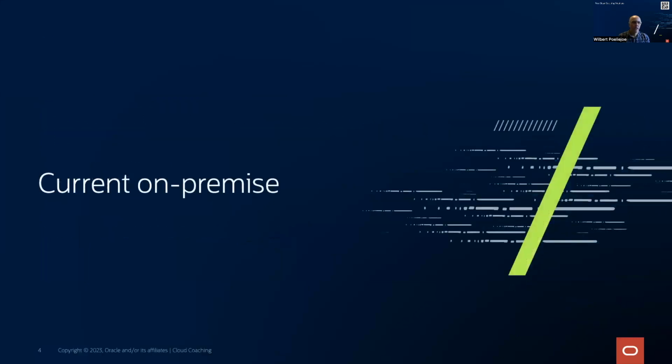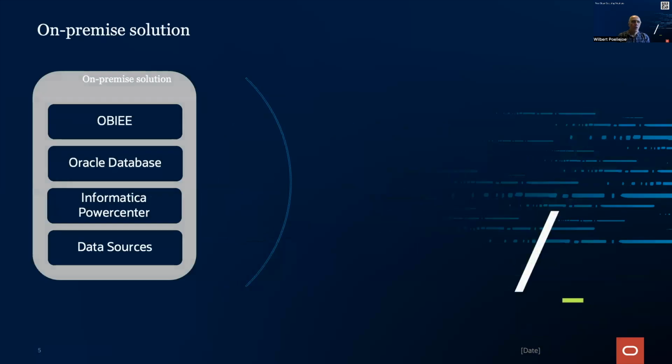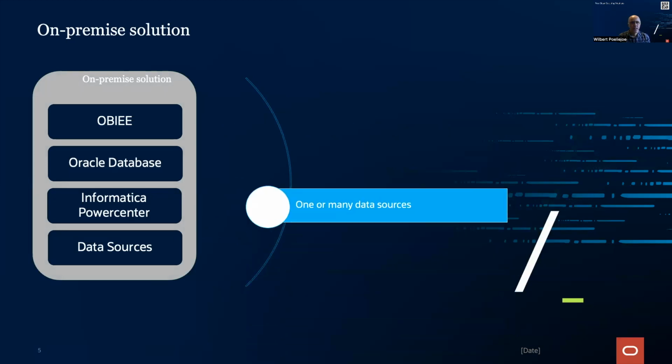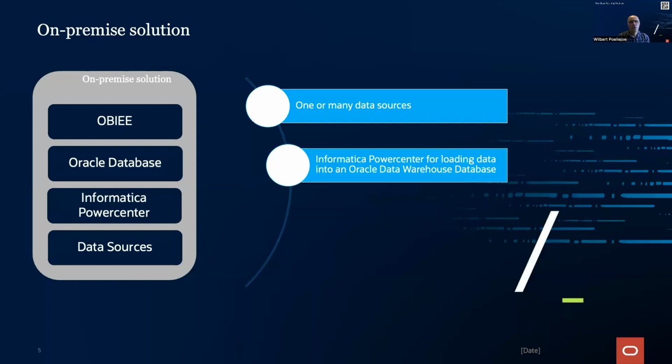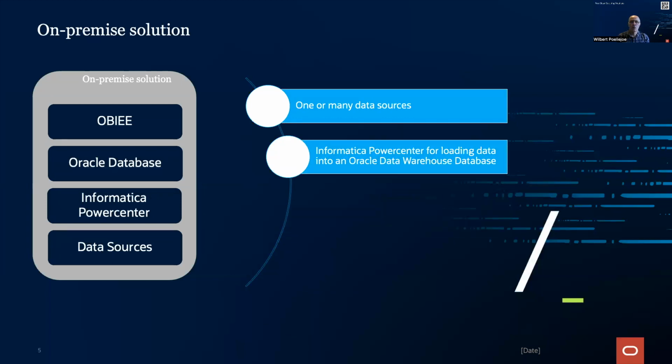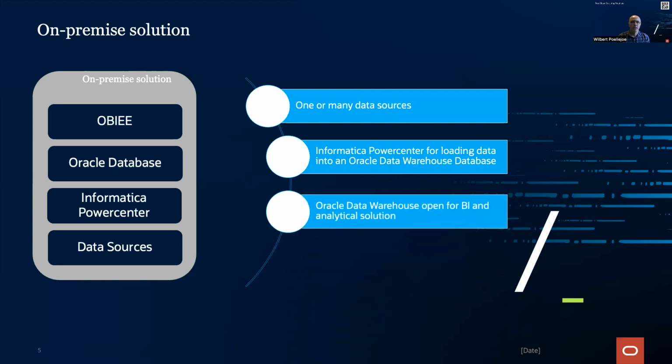So first have a look at the current on-premise situation. The on-premise solution often looks like the following. We will have one or multiple data sources which are being integrated through Informatica Powercenter for loading and transforming that data into an Oracle Data Warehouse database.